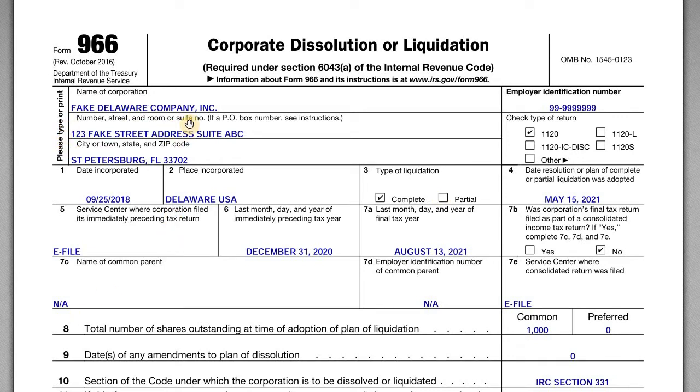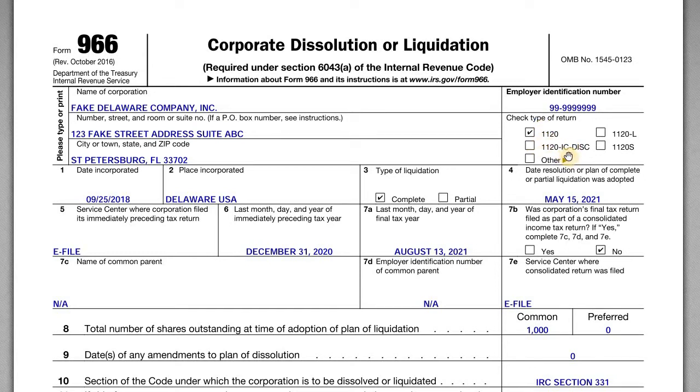So the top of the form is relatively straightforward, right? We have the name of the corporation here. Obviously, I've got a fake company, fake Delaware Company, Inc. Not a real business, so don't use this. The mailing address for the company, the EIN for the company, and the type of return we're filing, right? So this is a standard C Corp return, so 1120.